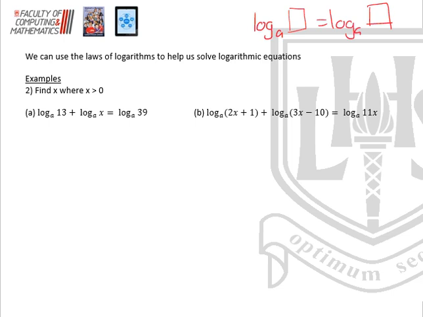So firstly, a, you've got 2 logs being added together there. So that's going to be log to the base a of 13x. Because you're adding your logs, you're going to multiply what's in there beside your bases. So 13 times x is equal to log to the base a of 39. Then single log, so cancel out your logs, and you're going to be left with 13x is equal to 39.